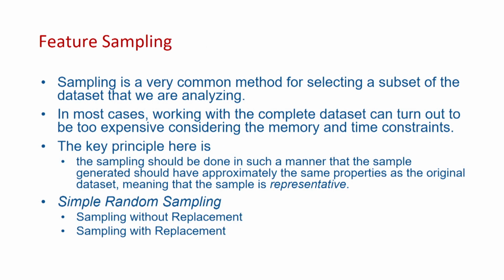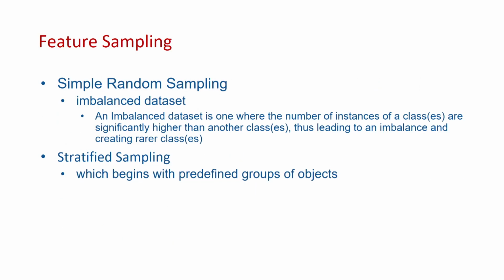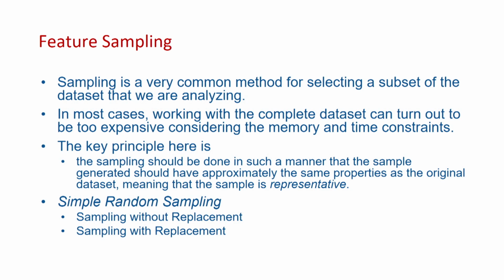The next step is feature sampling. Sampling is a very common method for selecting a subset of a data set, and we have different sampling techniques, for example simple random sampling as well as stratified sampling. In simple random sampling, we also have sampling without replacement and sampling with replacement.